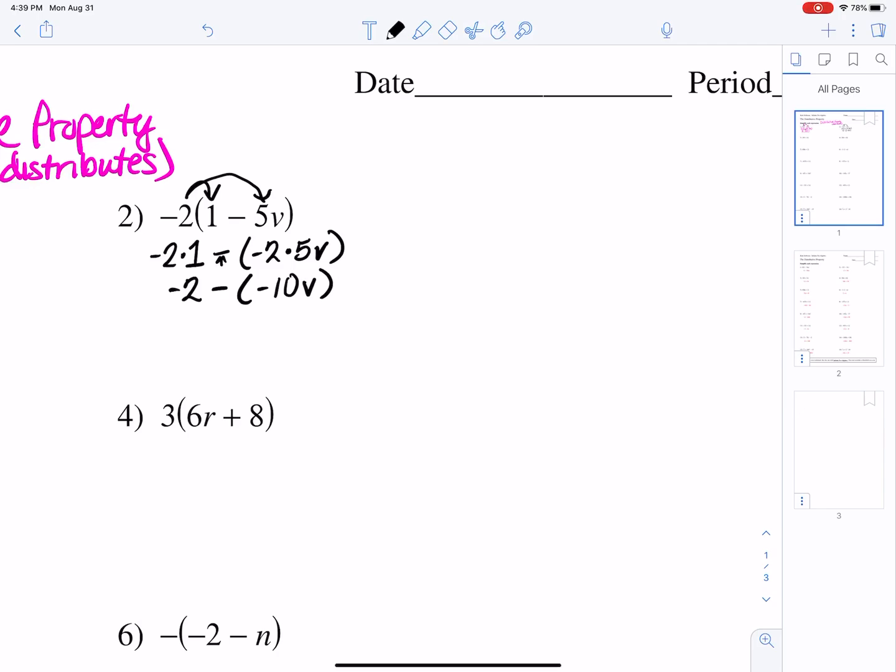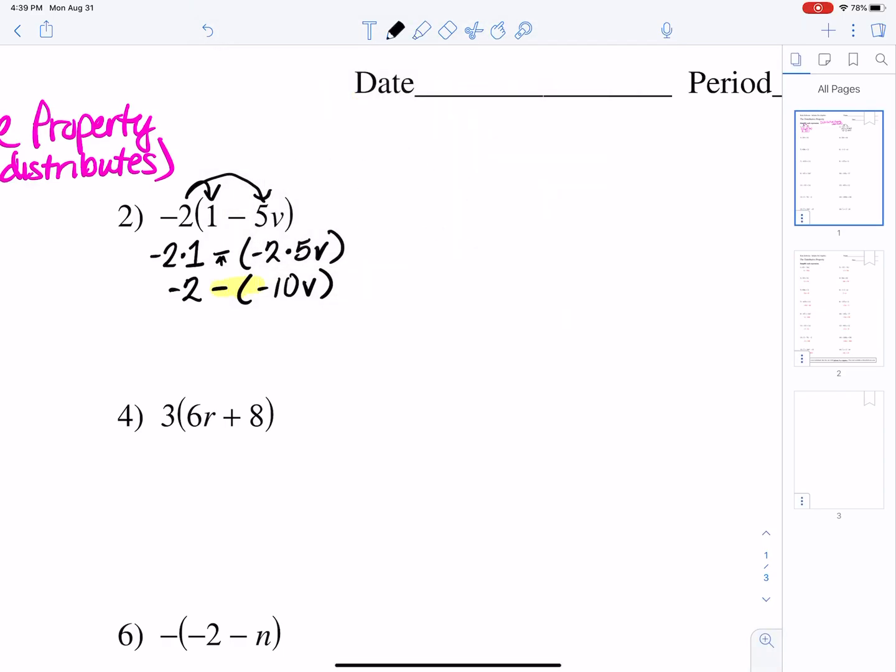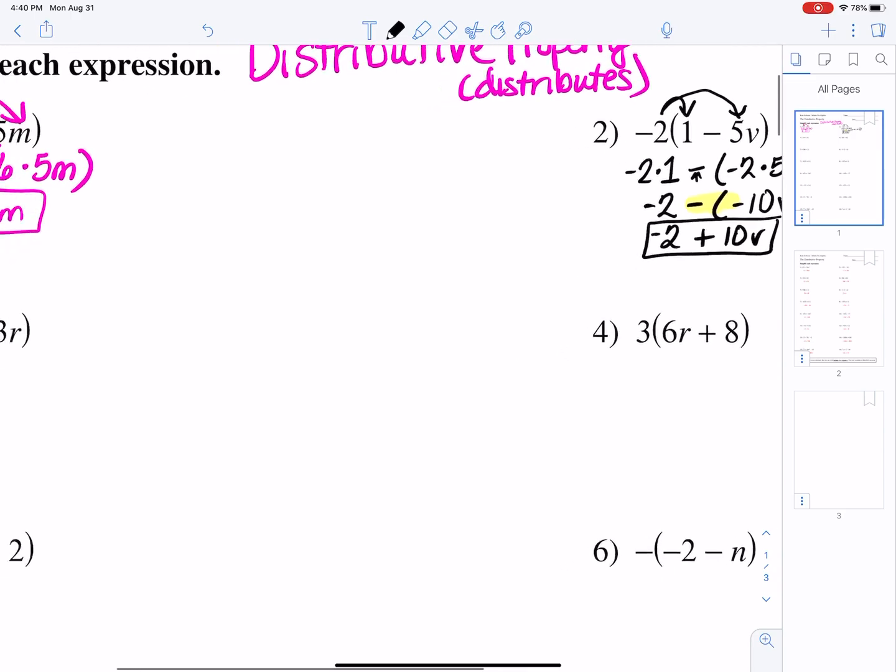Now we haven't covered this, but you can leave this written like that, or you can be aware that you have two negatives together. That means that two negatives become a positive. So negative 2 becomes plus 10v. We have not covered that yet, so if you just stop at this step, this is okay to stop there. Just remember that that is important.